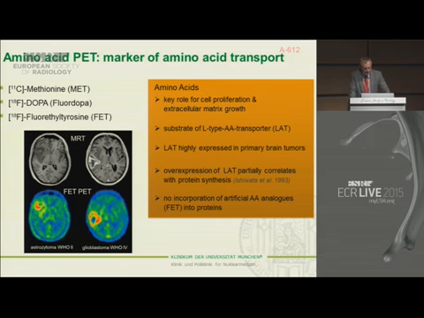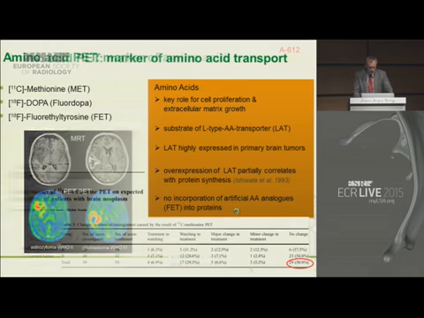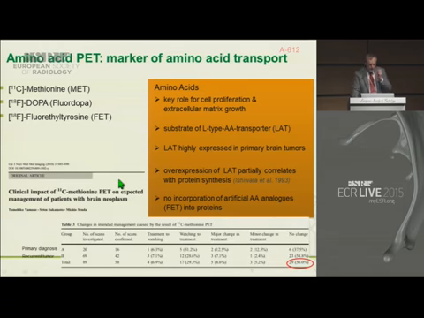Compared to the C11 methionine, the artificial amino acid analogues are not incorporated into proteins. This method is well established, and the reason why we use it and why the neurosurgeons demand it is that, especially in recurrent tumors, like in this study shown, and this is also our clinical experience, in up to 50% of all cases we have changes in the management based on the finding of the amino acid PET if we combine it with the MRI findings.